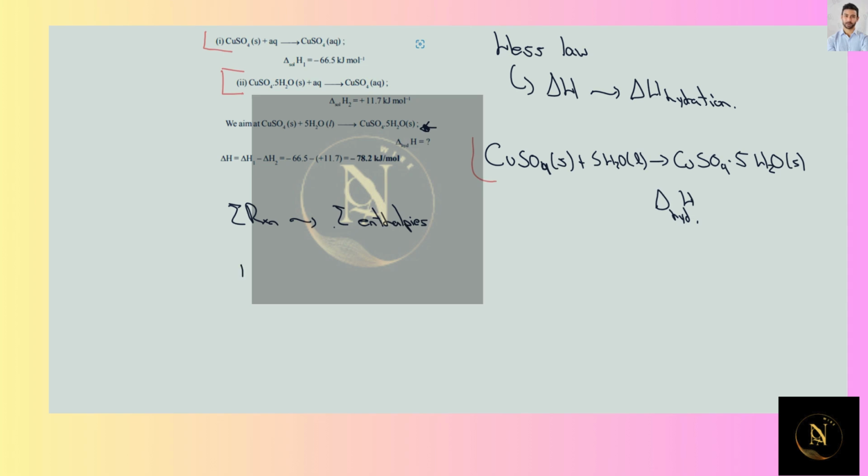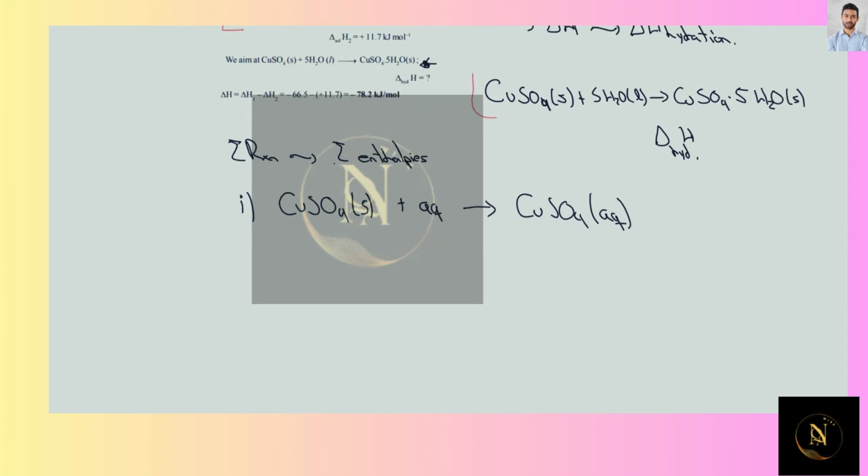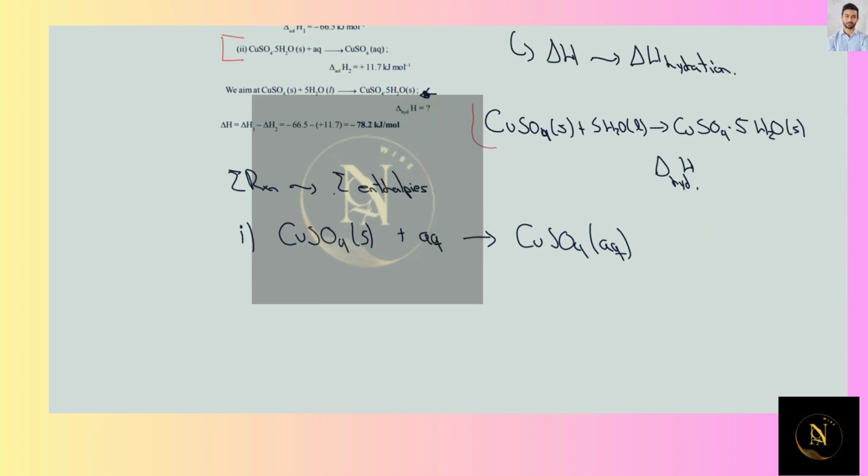For example, the first reaction tells us that I'm going to start with copper sulfate as a solid, and to put this into an aqueous medium, we're going to produce aqueous copper sulfate.